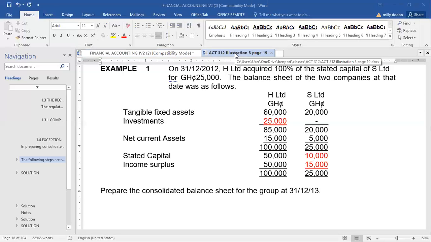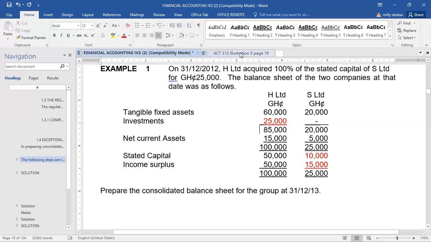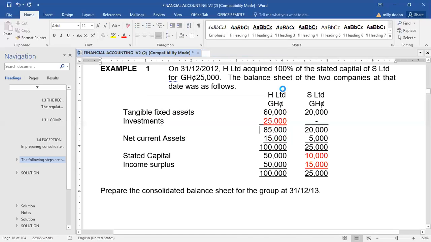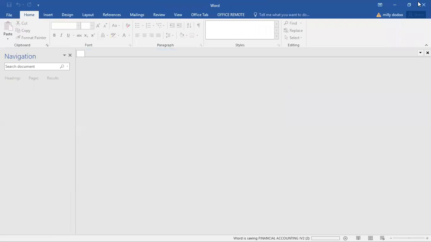Now, the solution of this particular illustration, I want to look at the solution of this particular illustration so that you can get it.